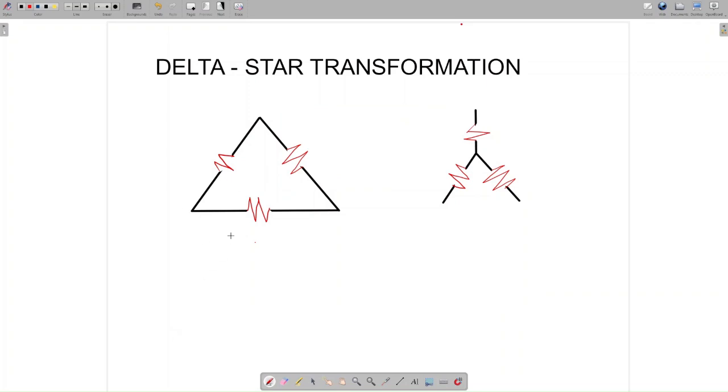We will learn the delta and the star pattern. If resistances are arranged in a triangular form, this is called a delta pattern. And if resistors are formed in an inverted Y, it is called a star pattern.